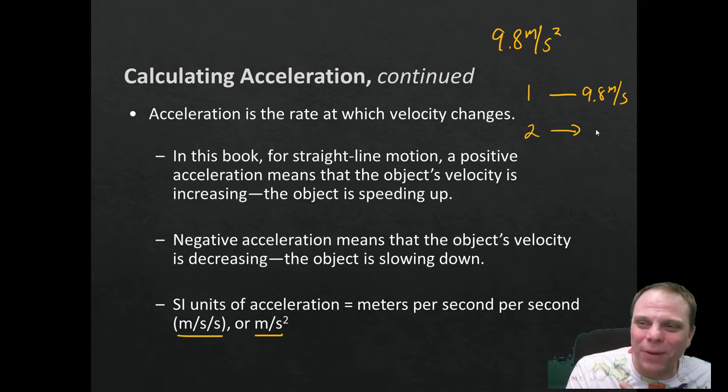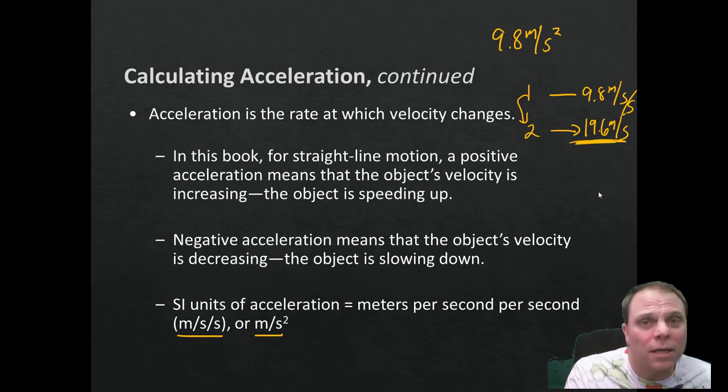So then if I had 9.8 and then I had double that, then I'm at 19.6 meters per second. Okay. So I'm doing 9.8 meters per second, right? That's what that means. So if I go from 1 second to the next second, then I'm increasing the velocity by 9.8 meters per second. And if I went to the next second, then I'm increasing my velocity another 9.8 meters per second, right?